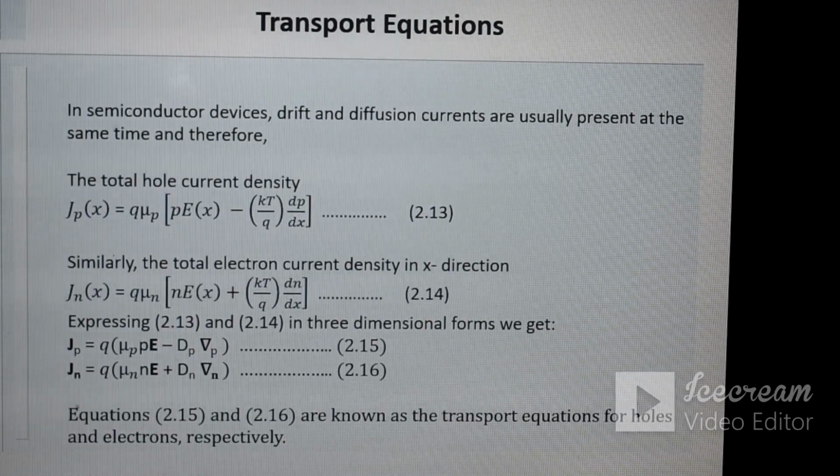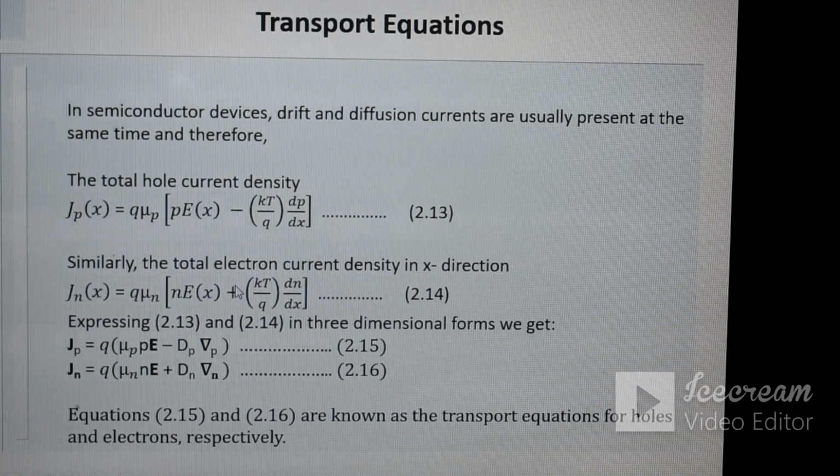Transport equations. In a semiconductor device, these two currents, drift and diffusion, are present simultaneously. That is, both are present at the same time, and therefore the total hole current density will be given by the sum of the drift current in the X direction and the diffusion current in the X direction.